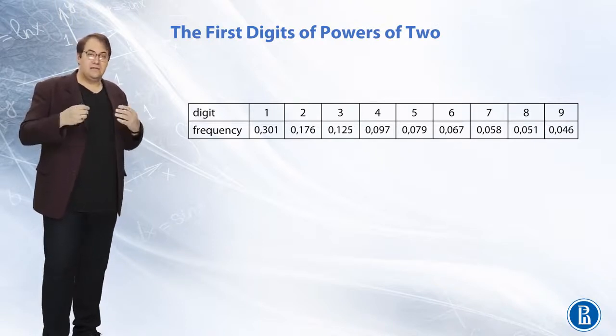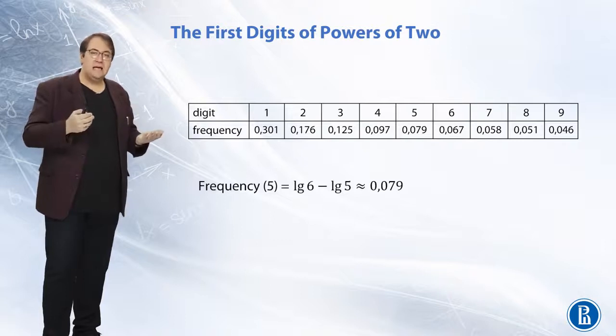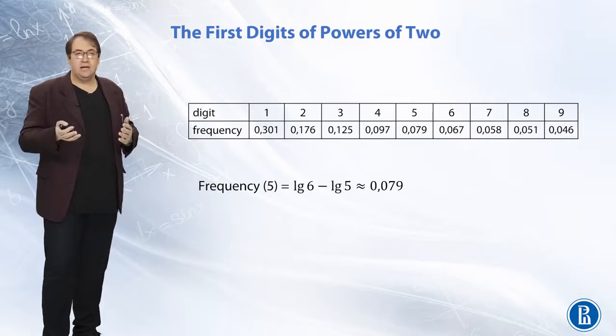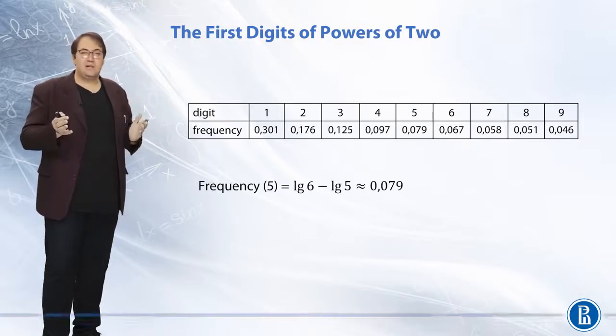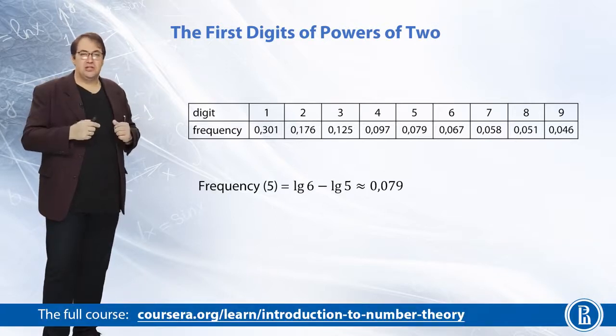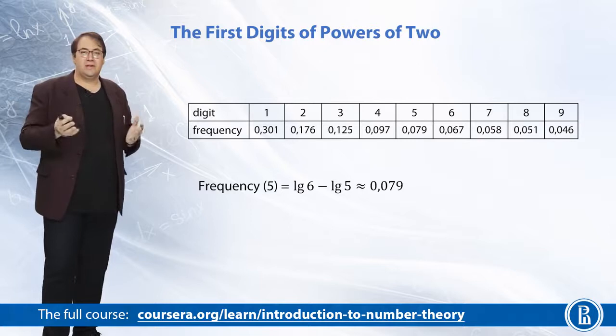How often does 5 become the first digit of a power of 2? We simply subtract log 5 from log 6, and it is approximately 0.079. Of course, all of these values are approximate. None of them is actually a rational number. And using the same formula, you can calculate all the other frequencies.